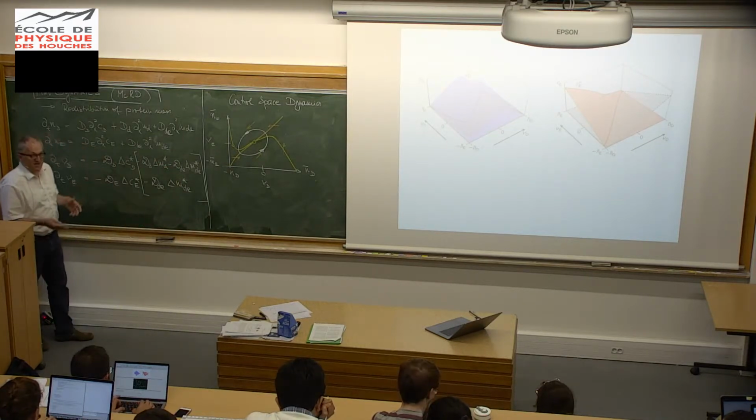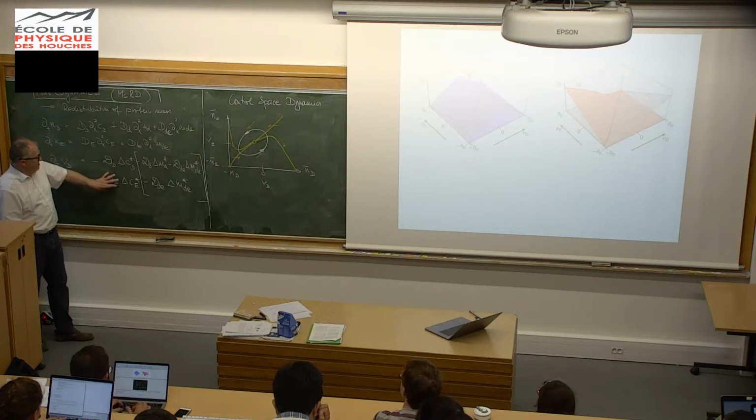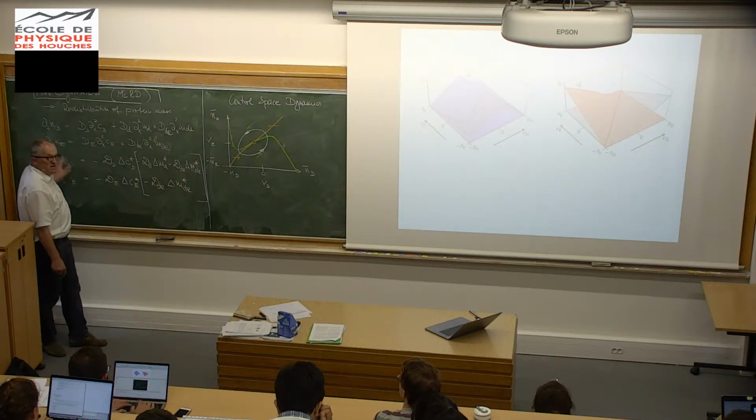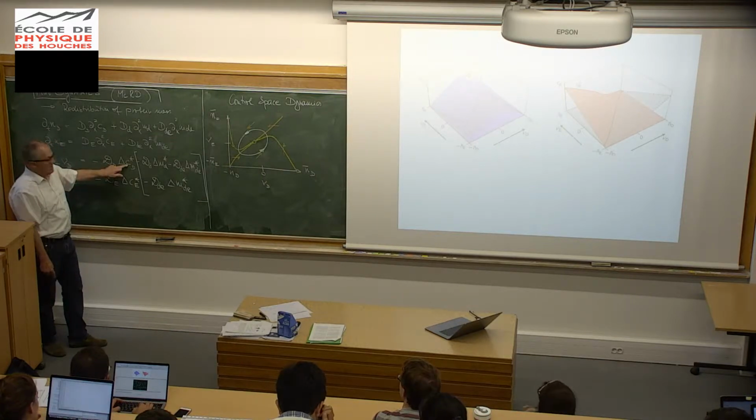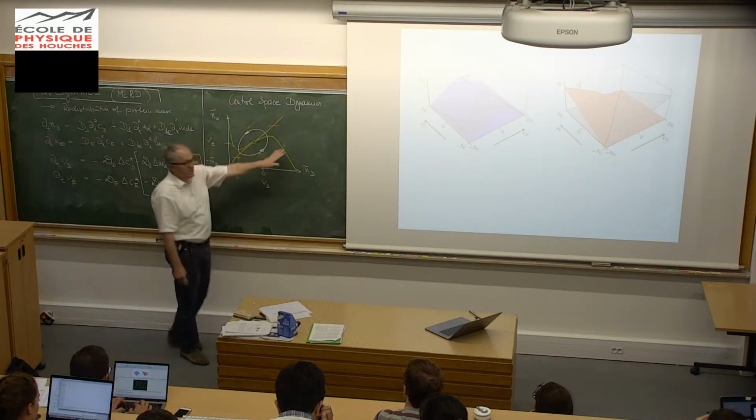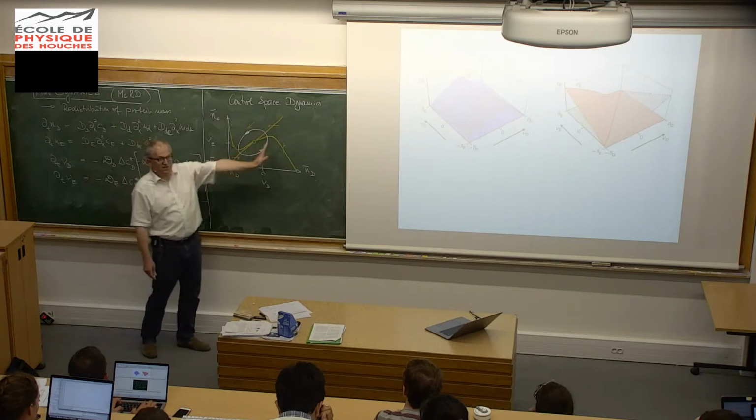So, as a Gedanken experiment on the board, I assume that this is small compared to that. And that means if I look at the dynamics here, I have a fast dynamics of min D, and I have a slow dynamics of min E. So let's say I'm starting here, and you see where the flow goes. The flow is in this direction.